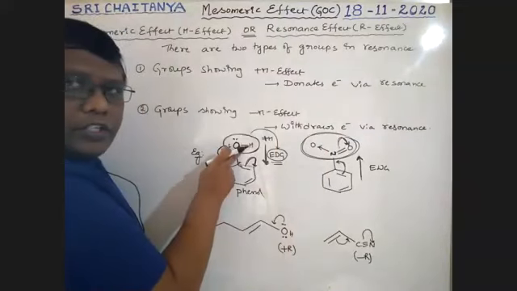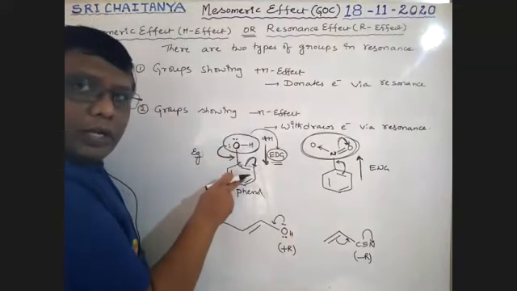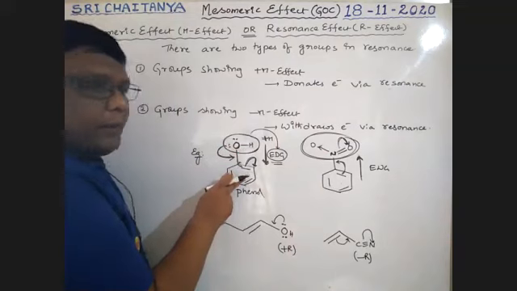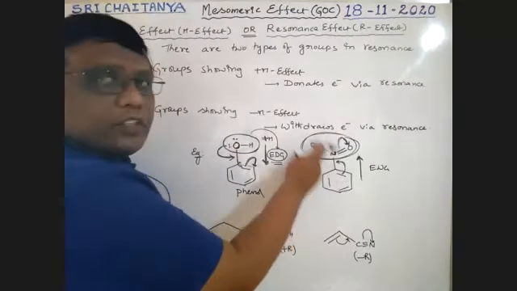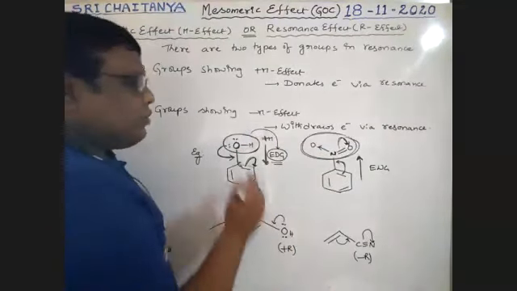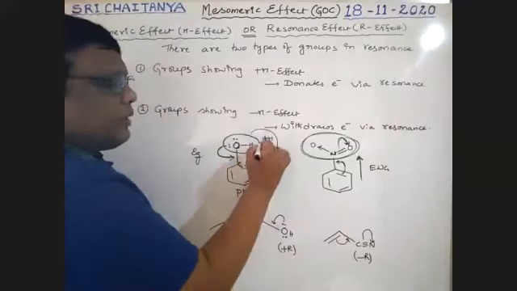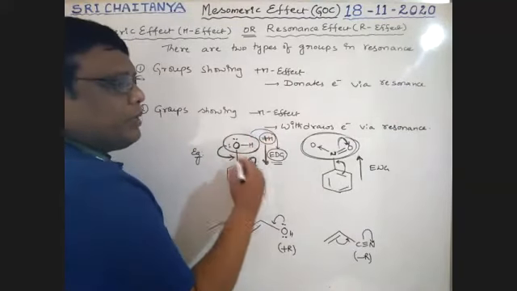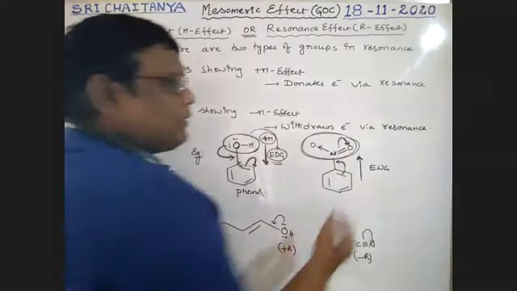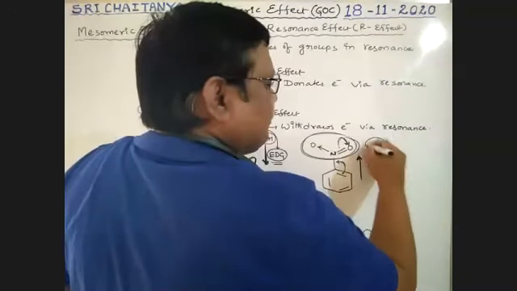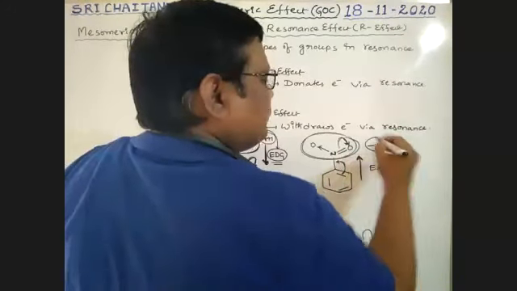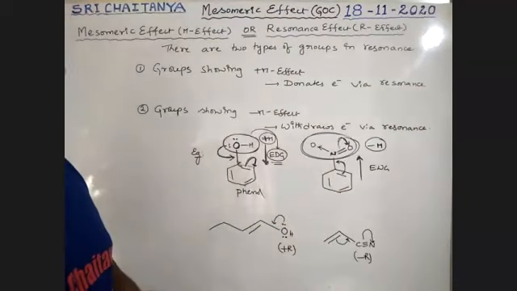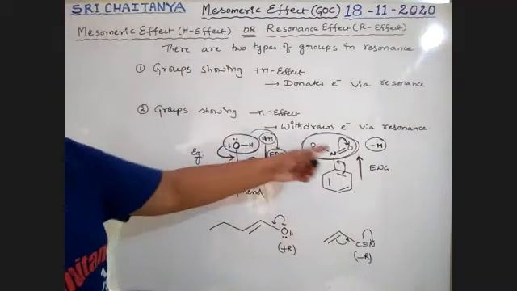Here OH donates electrons to the benzene ring, and here NO2 withdraws electrons from the benzene ring. Electrons towards carbon, that's why it is plus M. Away from carbon, that's why it is minus M. So it is plus R, and that is minus R. M is nothing but R.